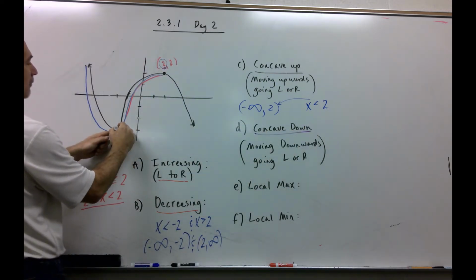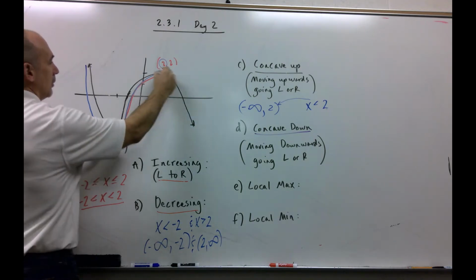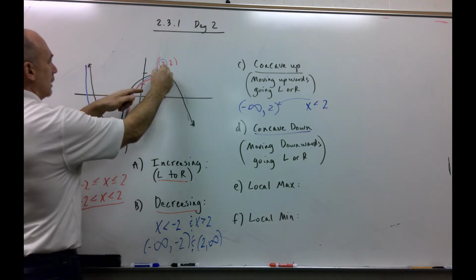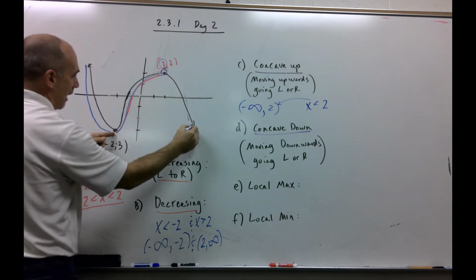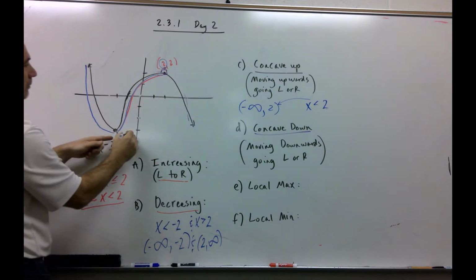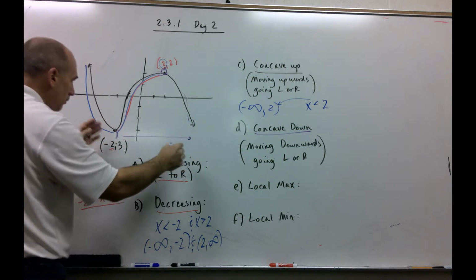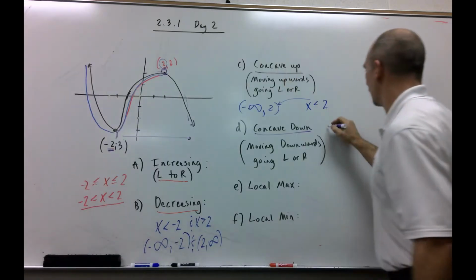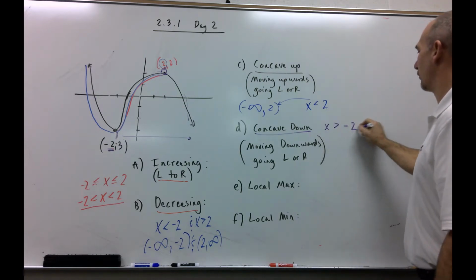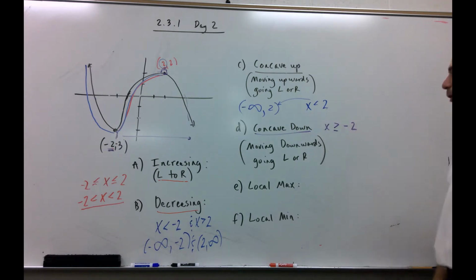If I start here, my roller coaster ride, I go left, I'm going down. If I go right, I'm going down. So it starts here, and it goes that way. So from -2 to the right. So I'd say x is greater than -2. I would say or equals, but I'm not going to get bent out of shape about that.